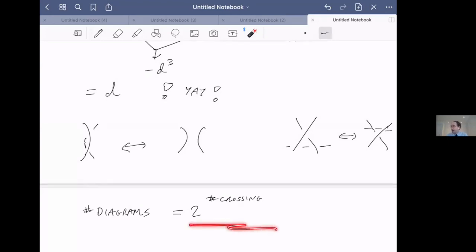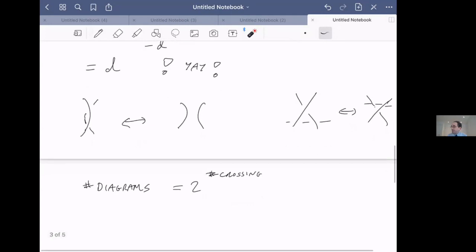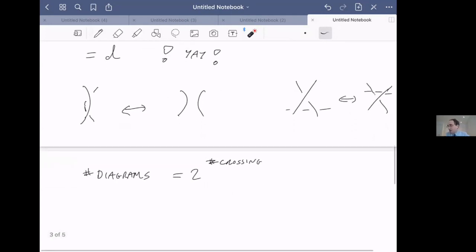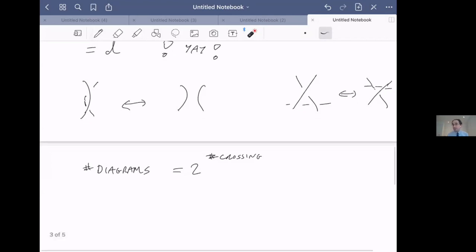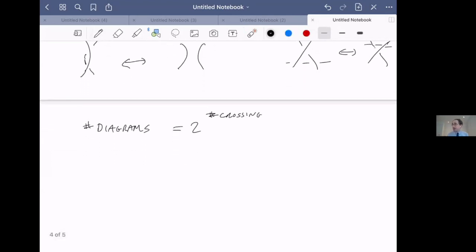And yet 2 to the 100th power is such an enormous number that if you put these rules on the world's biggest computer, it would still never, in 1,000 years, be able to spit out an answer, because it would have to evaluate the Kauffman invariant for 2 to the 100th diagrams. That number is just way too big. So this Kauffman invariant seems like it's not going to be all that useful for really complicated knots. We'll come back to that in a while.